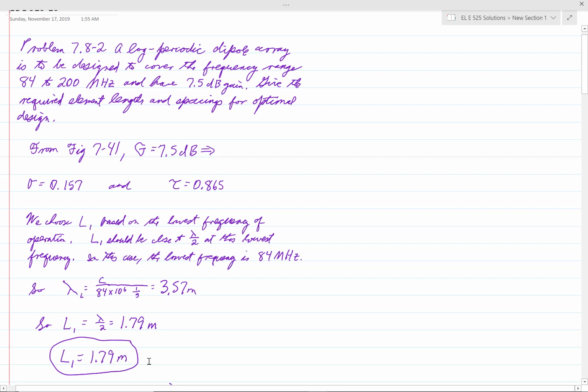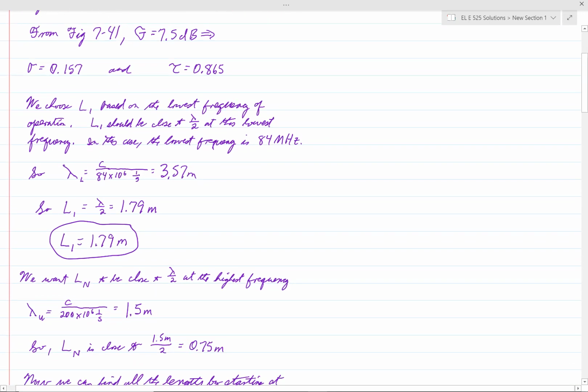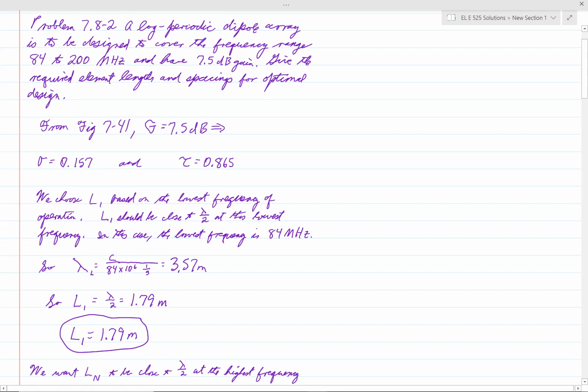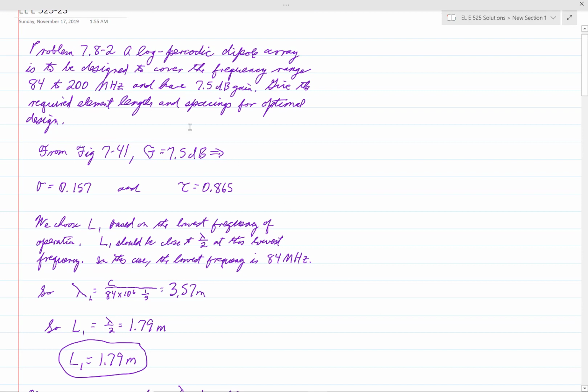So L1 is 1.79 meters. Now, the next thing we need to do is to calculate Ln. At this point, we don't know what n should be, but we will say that Ln should be close to lambda over 2 at the highest frequency. Returning to the description of the problem, the highest frequency at which we want to operate is 200 megahertz.